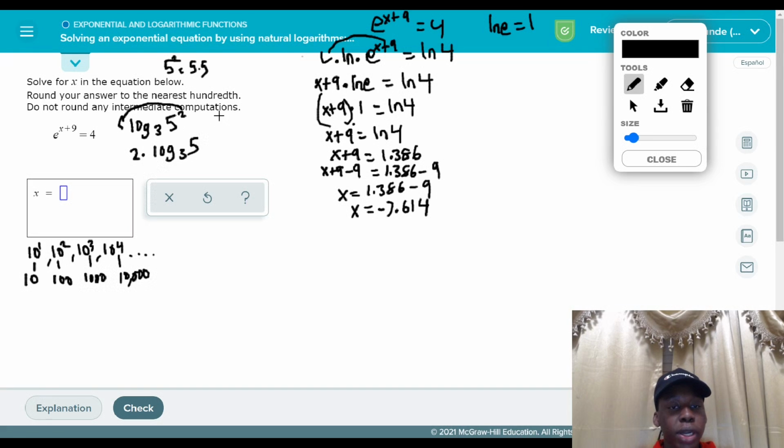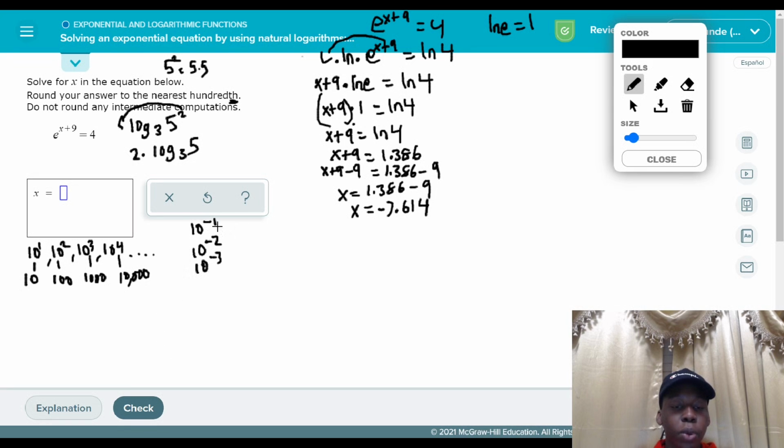But in this case, we're asked to find the nearest hundredth. Notice there's a TH behind the D. That means we're going to have to deal with the numbers after the decimal point, so we're going to deal with negative exponents of 10. Instead of saying 10 to the power 1, 2, 3, 4, we say 10 to the power minus 1, 10 to the power minus 2, 10 to the power minus 3, and so on.